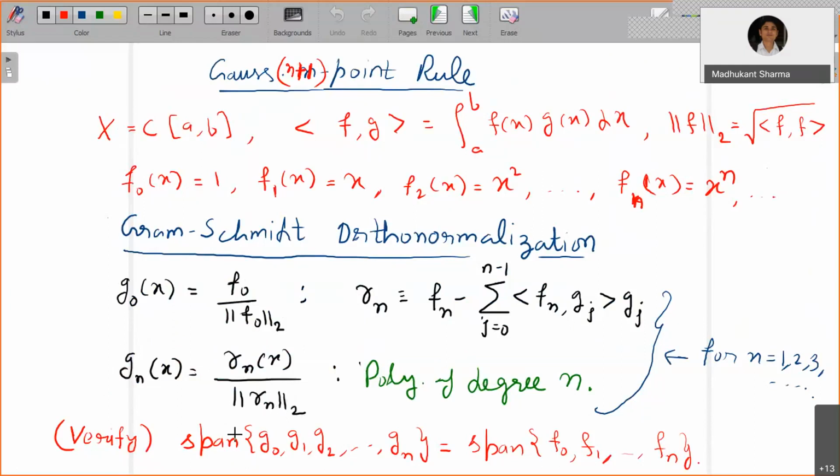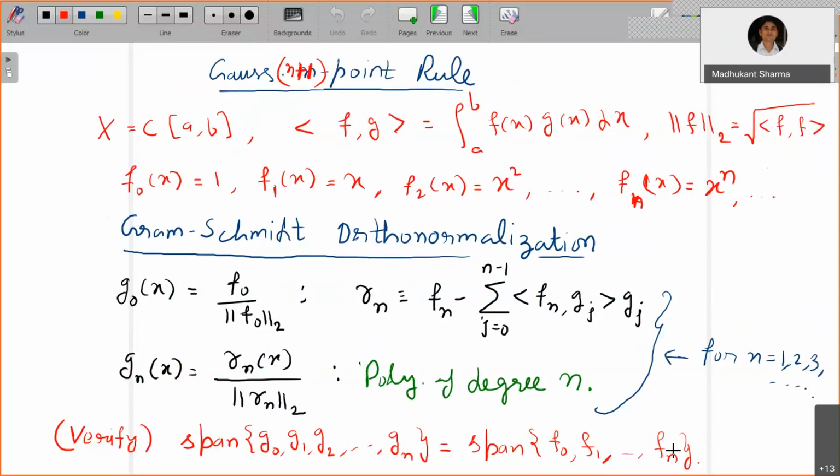Like earlier, span of G0, G1, G2 is the same as span of F0, F1, F2. Similarly, span of G0 to Gn is also the same as span of F0 to Fn. You must have seen during the session on Legendre polynomials that you can represent every polynomial in the span of the Legendre polynomials as well.